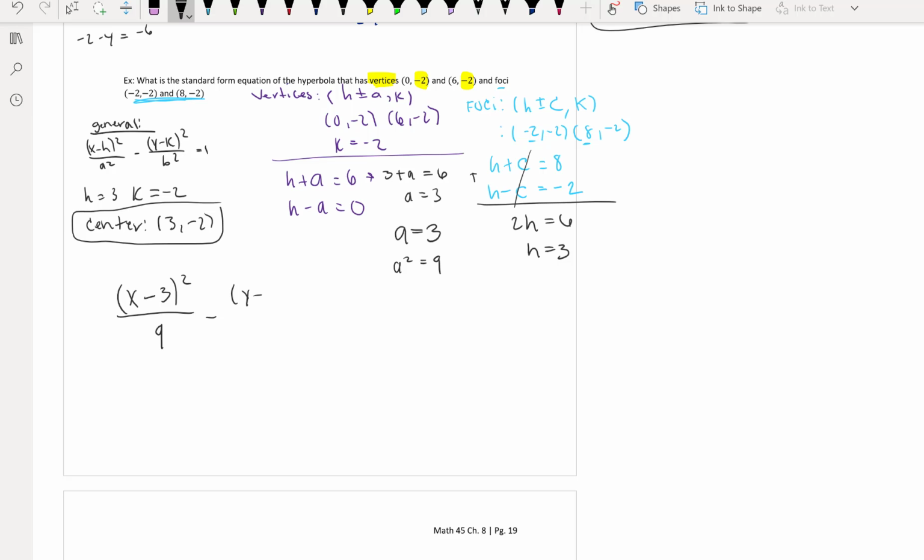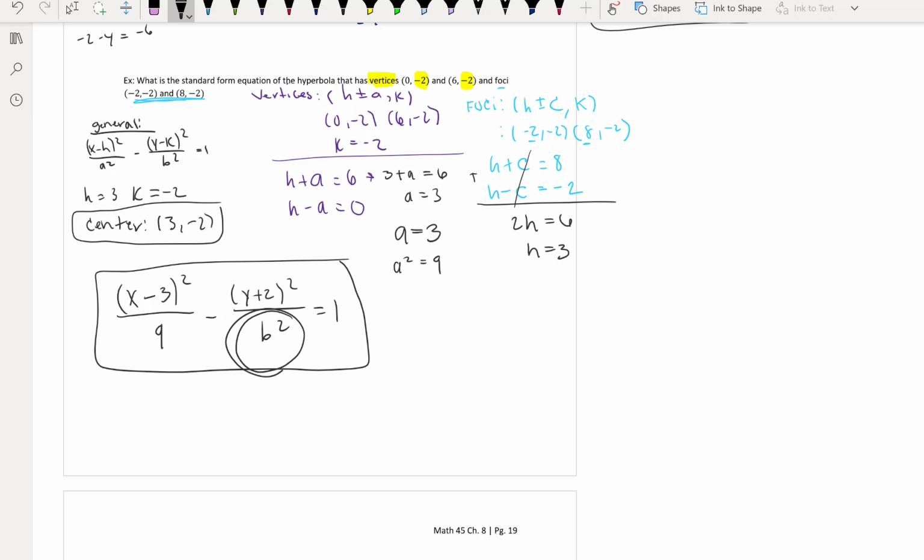So that's going to be a positive 2, squared, over b squared is equal to 1. So this is the last thing that I need. I need to figure out that b squared value. Well, that's going to come from the foci, because hopefully you remember, that comes from c squared is equal to a squared plus b squared.